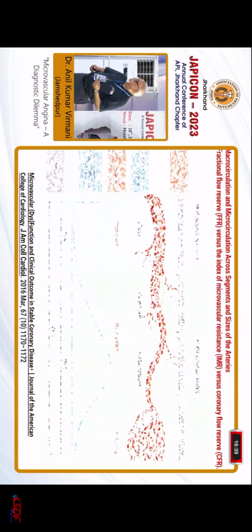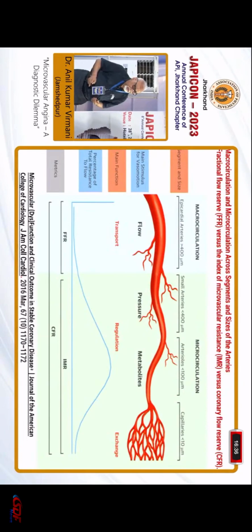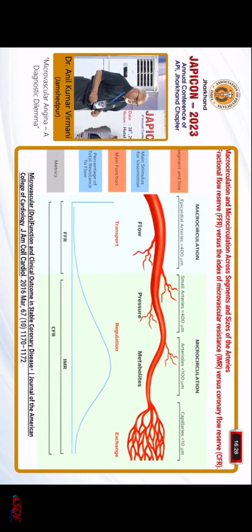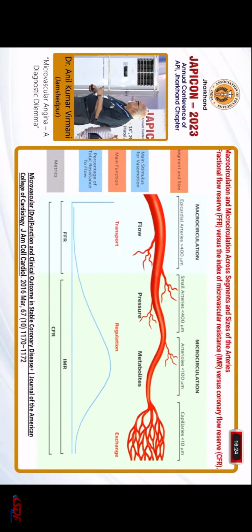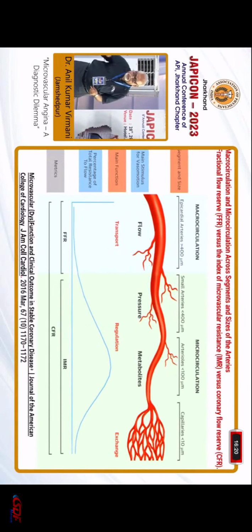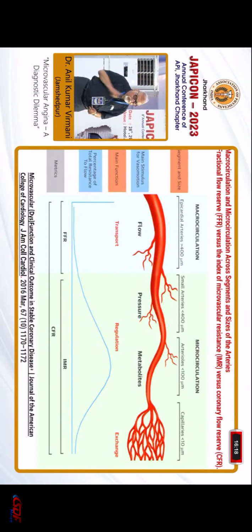Now, if you look at the circulation, I will not go into details, just remember the macrocirculation, the epicardial arteries, which are more than 400 microns, which the cardiologist is looking at, and the microcirculation, small arteries going down from less than 400 to even less than 100 microns. What I want you to remember is two things.